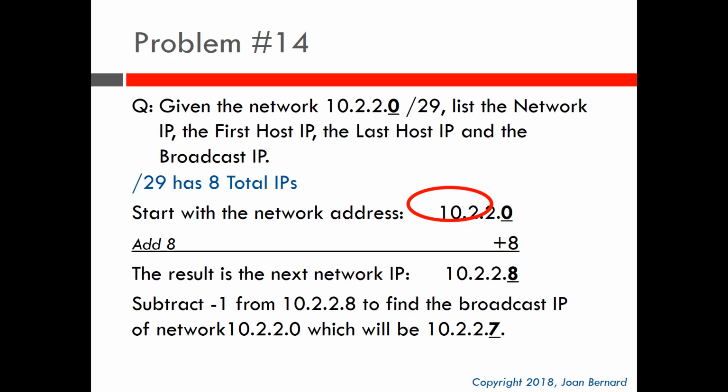So let's see what we can do here. We'll start with the network address 10.2.2.0. We're going to add 8 to that, which is going to find my next network. So that's my next network IP address. I subtract 1 from that 8, and that gives me my broadcast of .7.